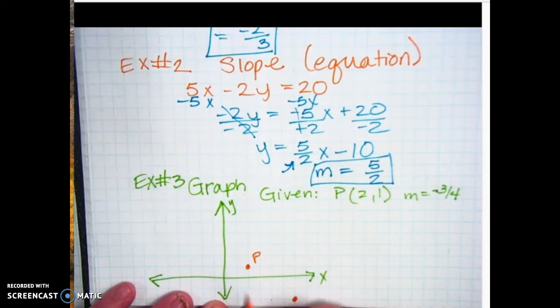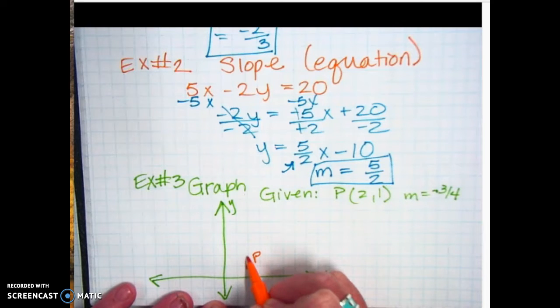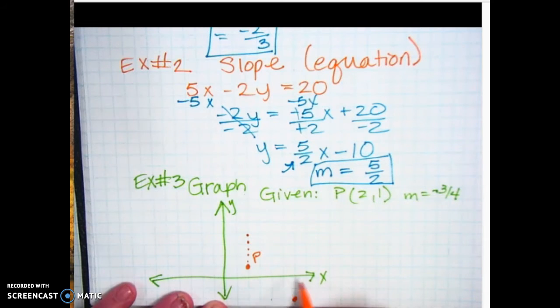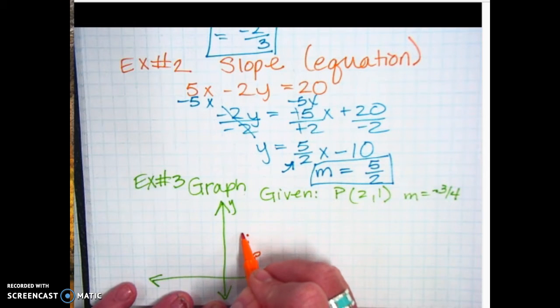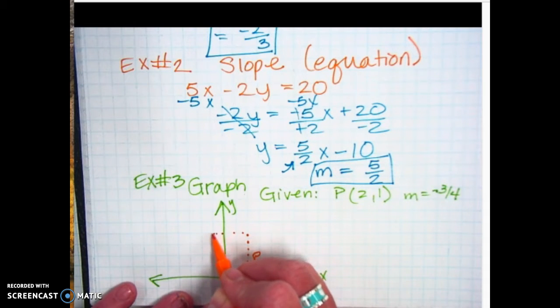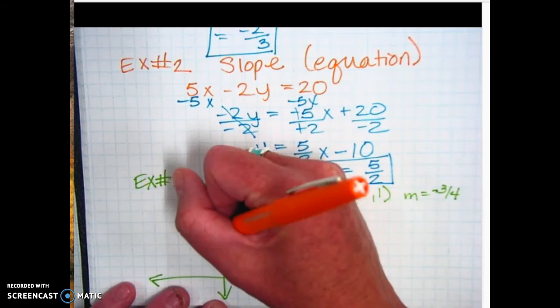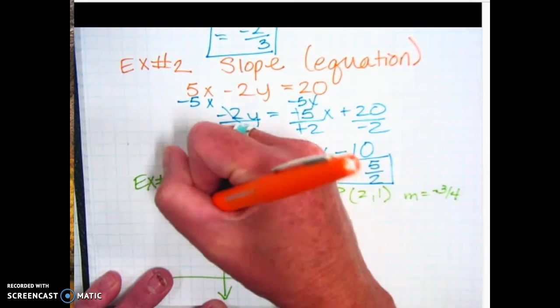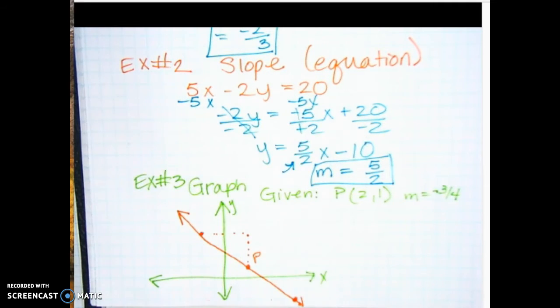So instead of going down 3, we're going to go up 1, 2, 3. And then instead of going to the right 4, we're going to go backwards 1, 2, 3, 4. And we'll see that it crosses the y-axis there. Okay?